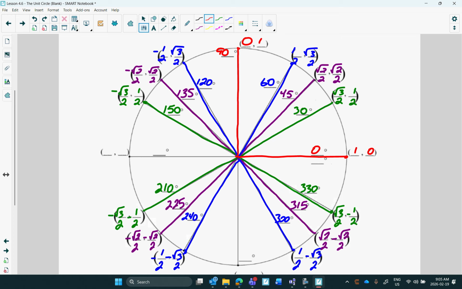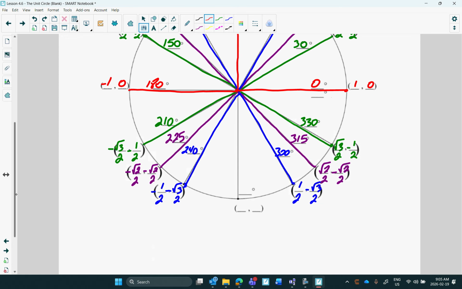Then we go straight to the left on the x-axis, and that measures 180. And that point on the unit circle is? Then we go straight down, 270. And that point would be 0, -1.